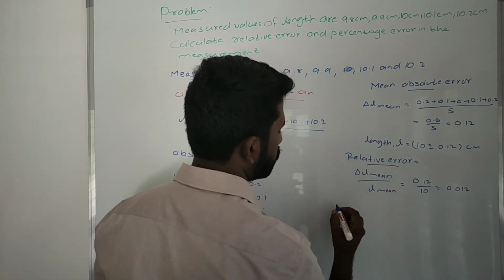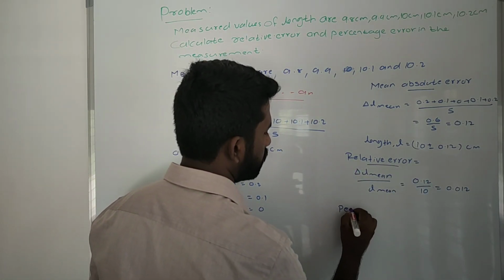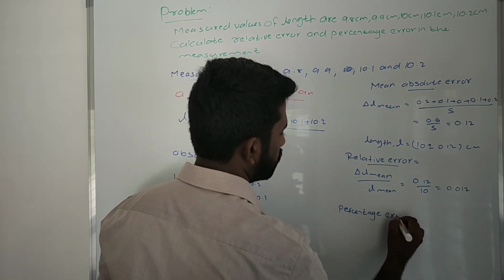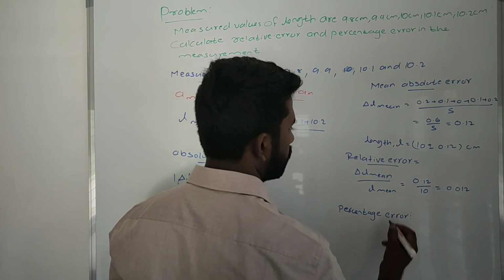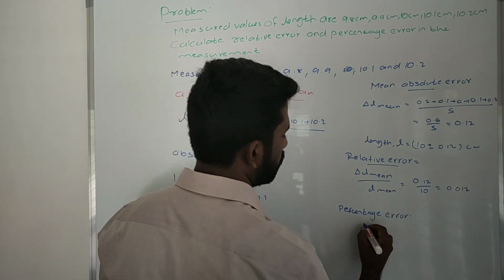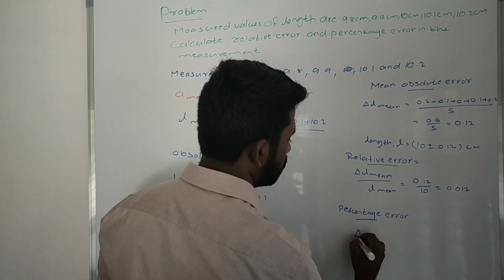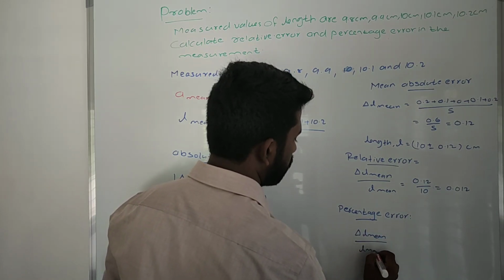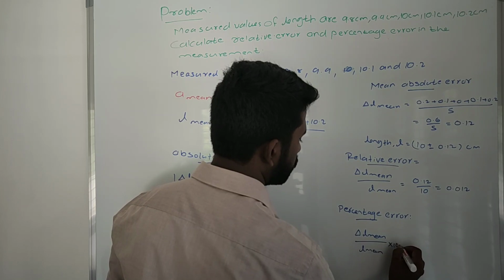Okay, we need to find the percentage error. Percentage error means the relative error in percentage. That is delta L mean divided by L mean into 100%.